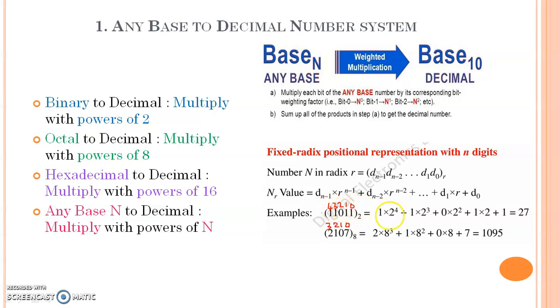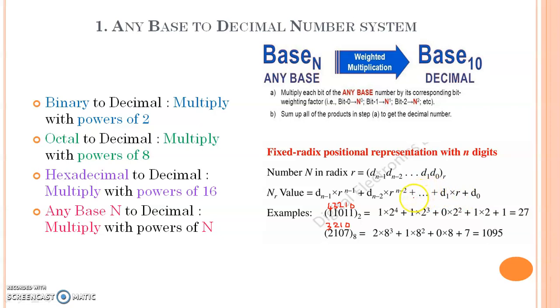That is what is done here. That is D0 into R raised to 0. R raised to 0 is 1, hence it is D0 itself, plus D1 into R raised to 1, that is R. So D1 into R. Next will be D2, that is the digit at position 2, into R raised to 2.